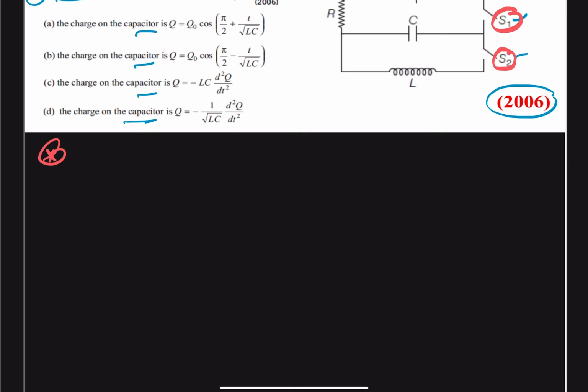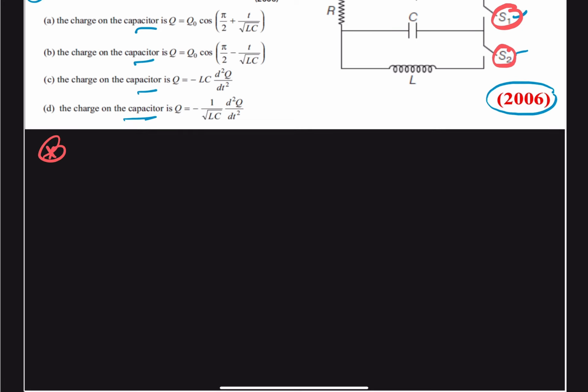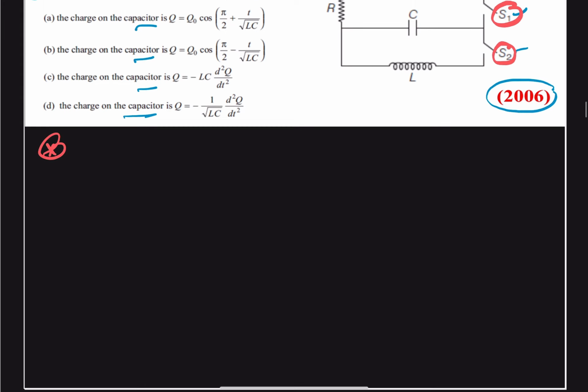Because of the position of S1 and S2, we can divide the entire circuit into 2 different circuit configurations.